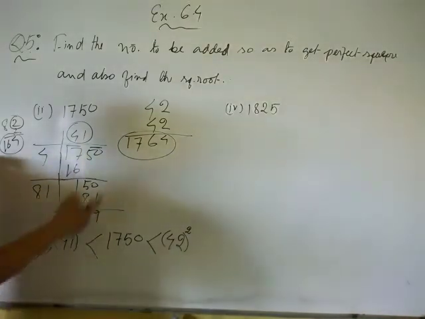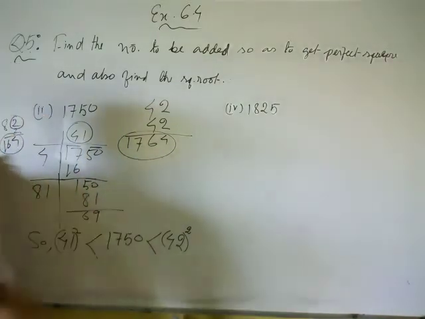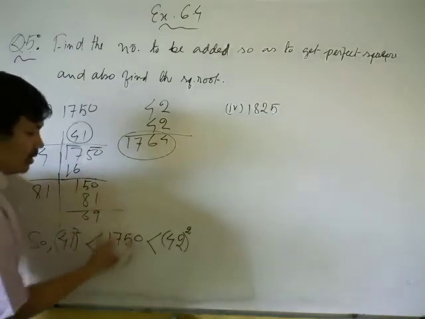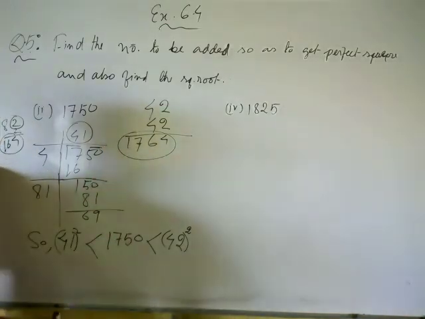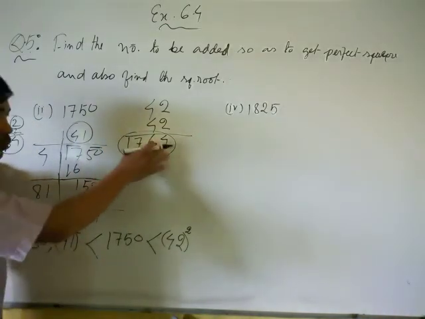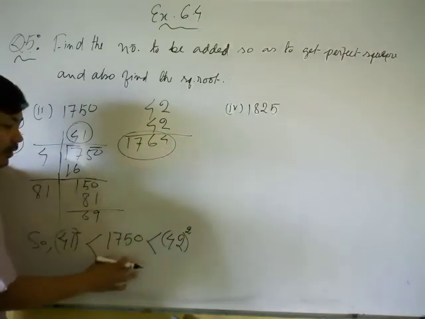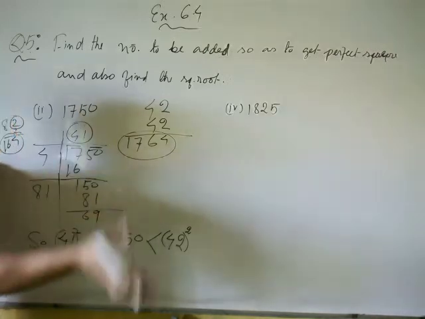What you are going to do is subtract this number from here. This is a perfect square, and this is the given number. The difference between these two numbers is what you have to add.